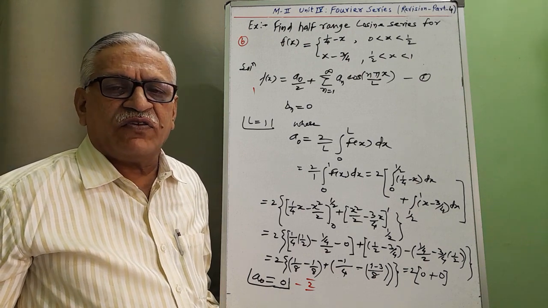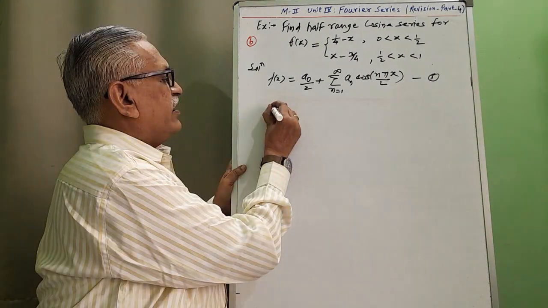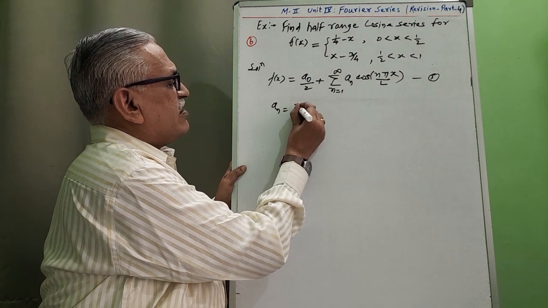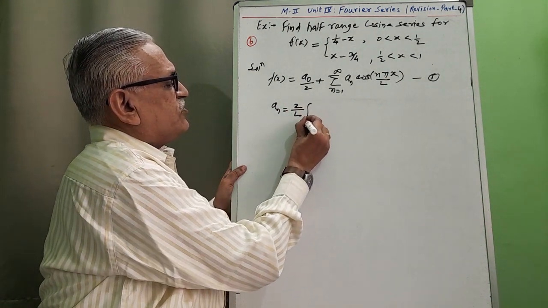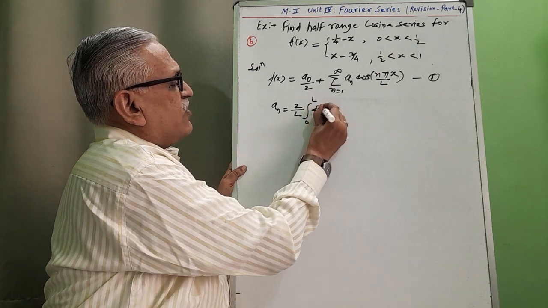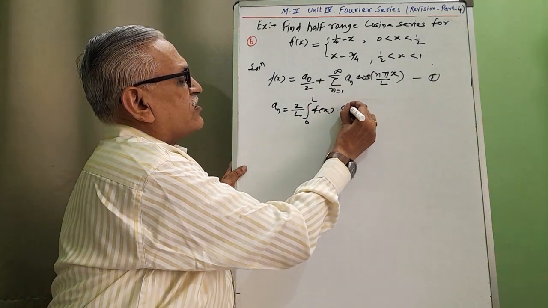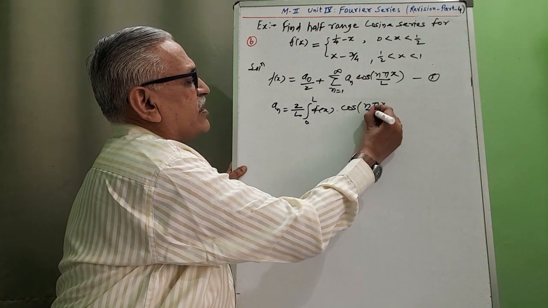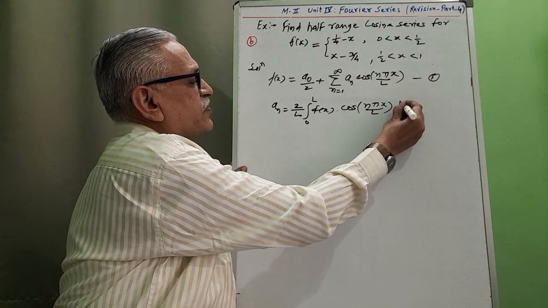then we require to find An. An is given by 2 by L integration from 0 to L f(x) multiplied by cos of n pi x by L and its integration with respect to x.